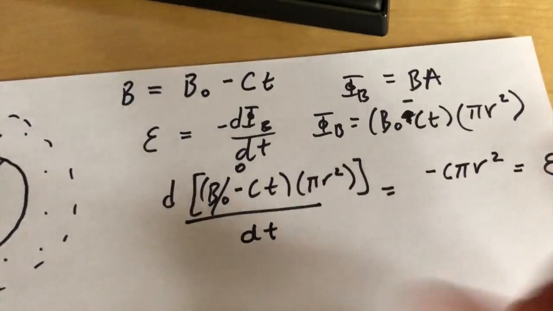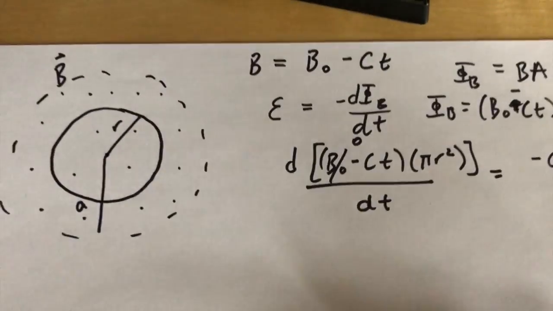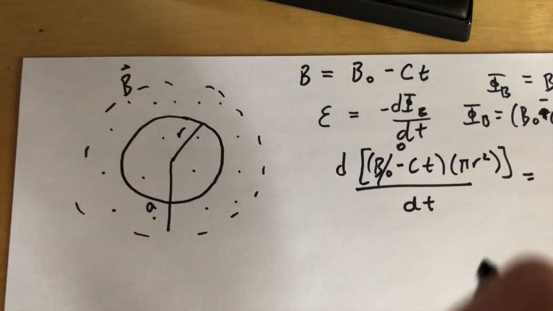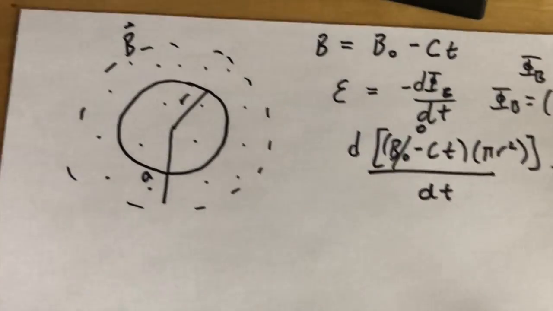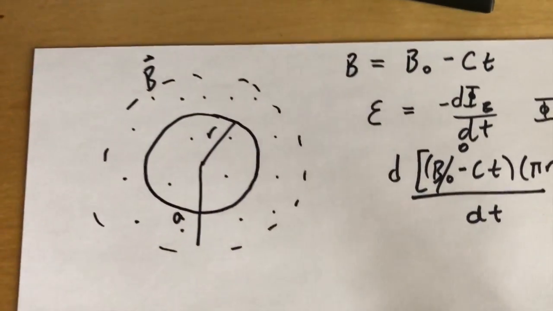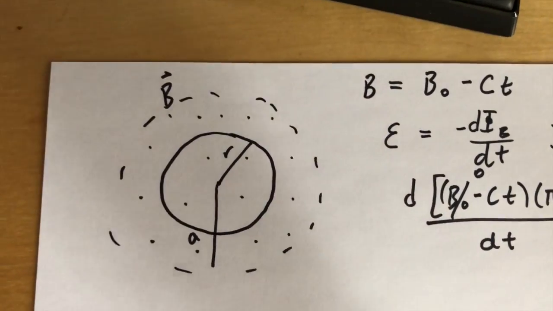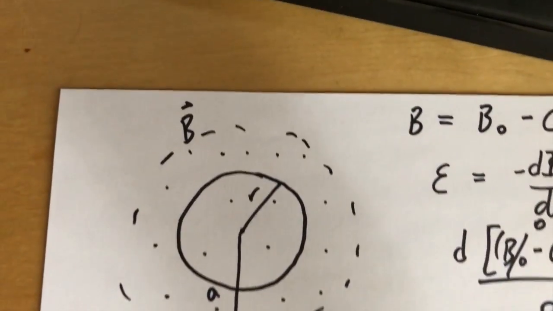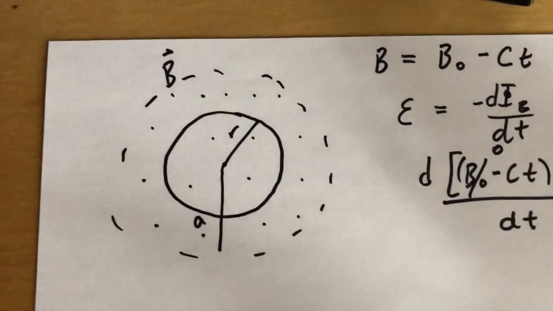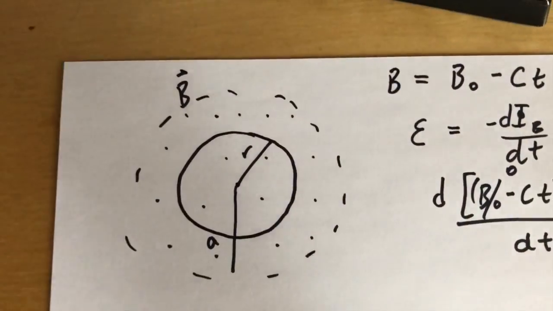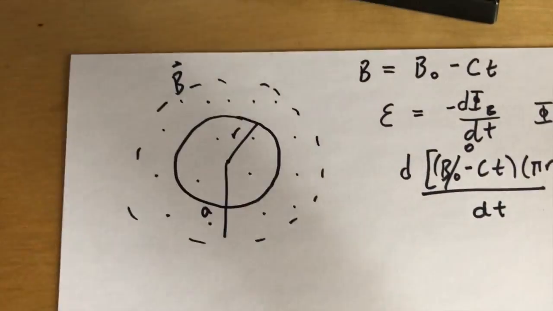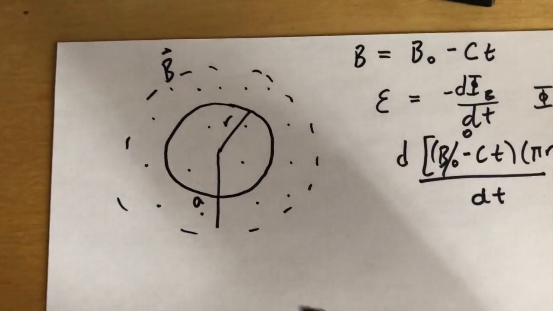So what does this negative mean? What direction would that be? So here we have our function, it's decreasing. So this is decreasing outwards, out of the page. And we know that the induced EMF is going to want to oppose that change. So it's going to want to, in a way, assist the B field, because the B field is decreasing. Now, if it was increasing, it'd want to go in the opposite direction. But in this case, it's going to go in the same direction, because it wants to keep the B field where it was originally.